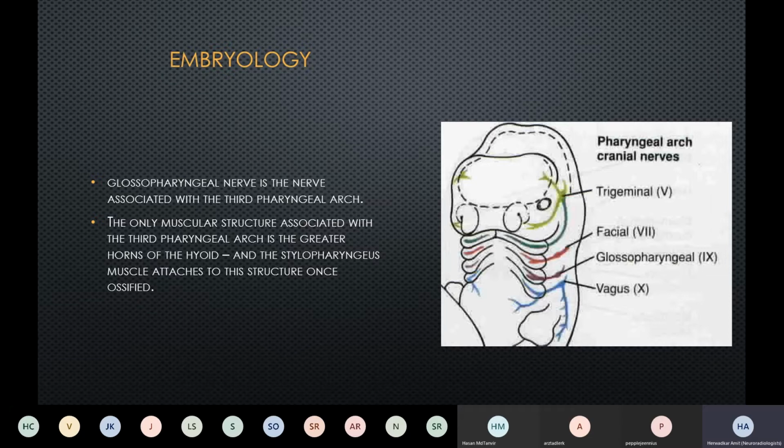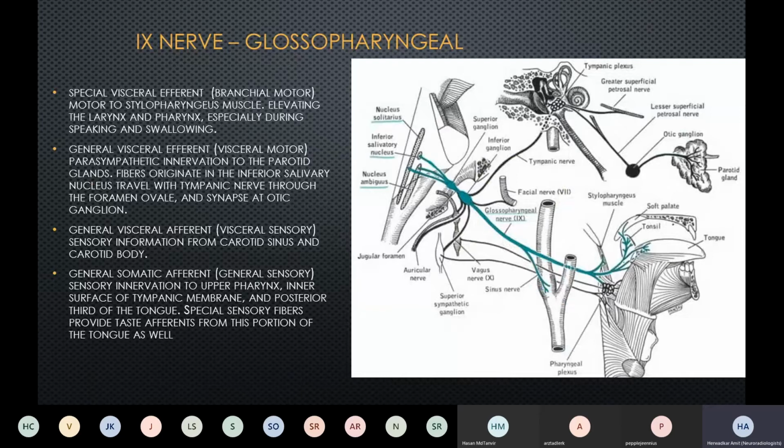But it's important to realize that it's the nerve of the third pharyngeal arch, and we have looked at the pharyngeal arches throughout our discussions, right from embryology onwards, and how the trigeminal and the facial nerves were the first and second arch nerves. So the glossopharyngeal is the third arch nerve, and the vagus is the fourth. Amongst the third arch derivatives, there are very few worth mentioning, but the one muscle that is relevant for our discussions today is the stylopharyngeus, which is supplied by the glossopharyngeal nerve.